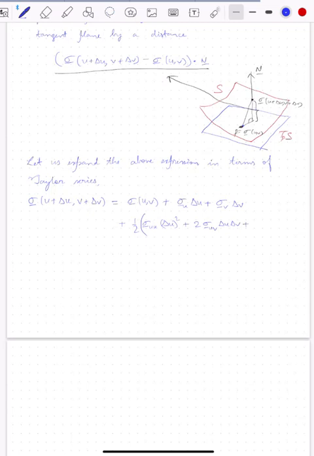And then plus sigma vector vv delta v squared plus some higher order terms.